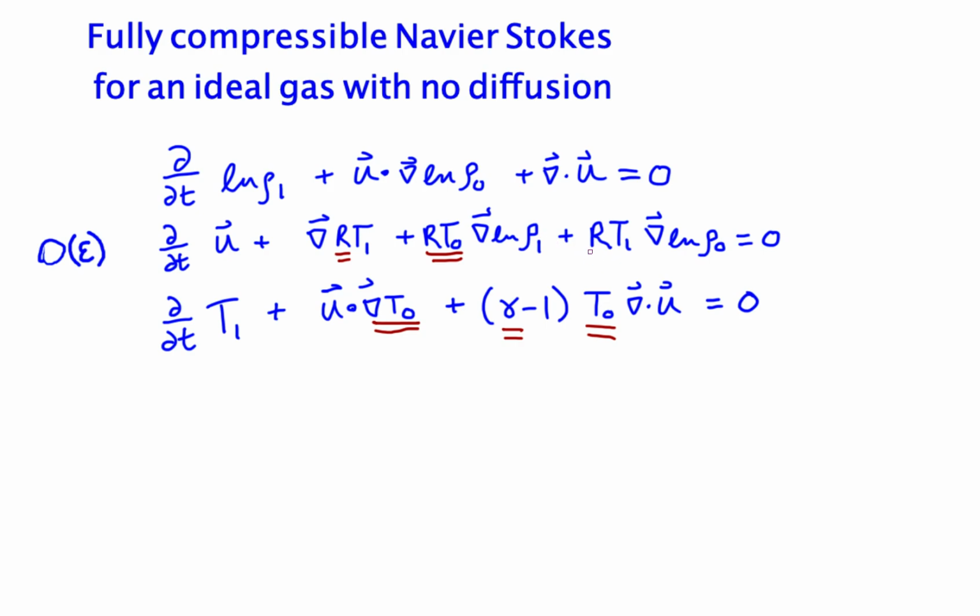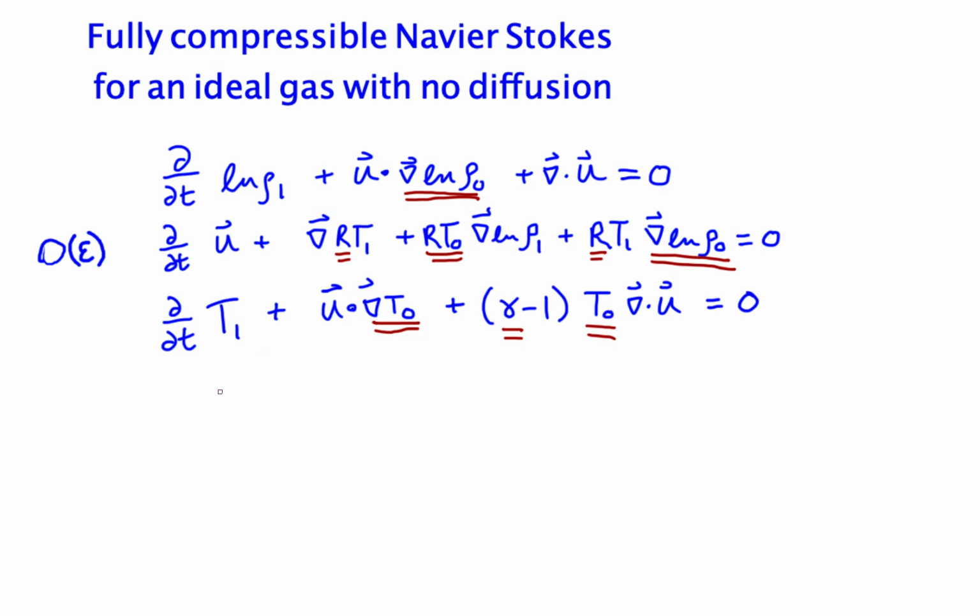So our linear variables are the subscripted 1 variables, T1, u1, log rho 1, and we have some coefficient terms: grad log rho 0, T0, the gas constant R, and the ideal gas gamma. If these coefficients are constant, then we have a system that can be solved analytically by simple techniques.